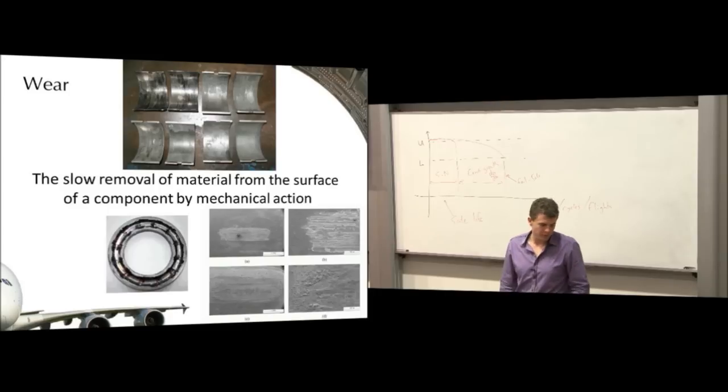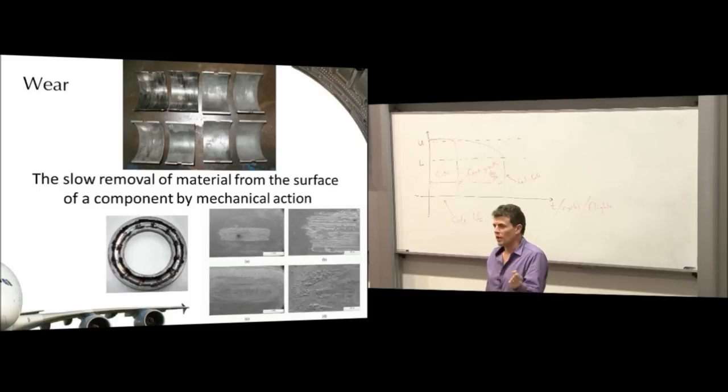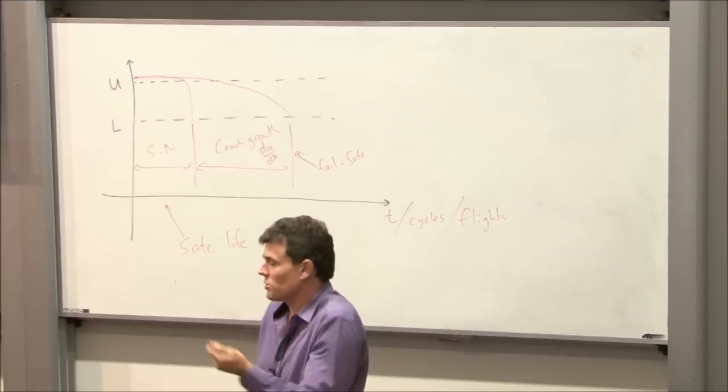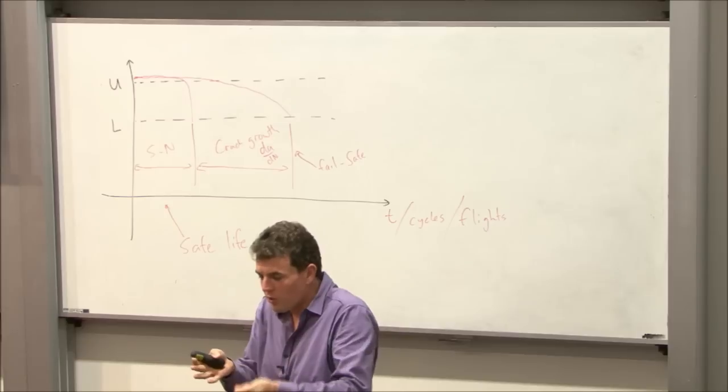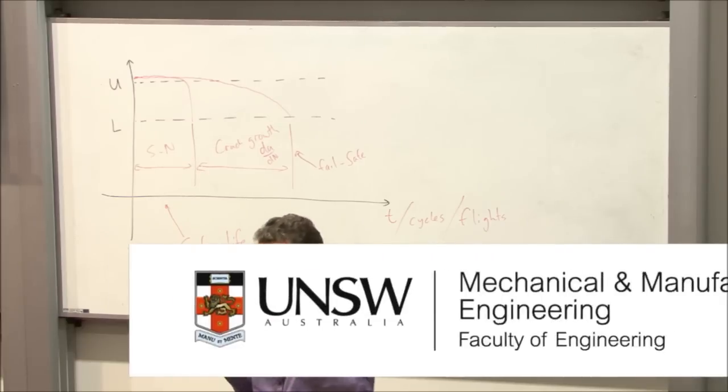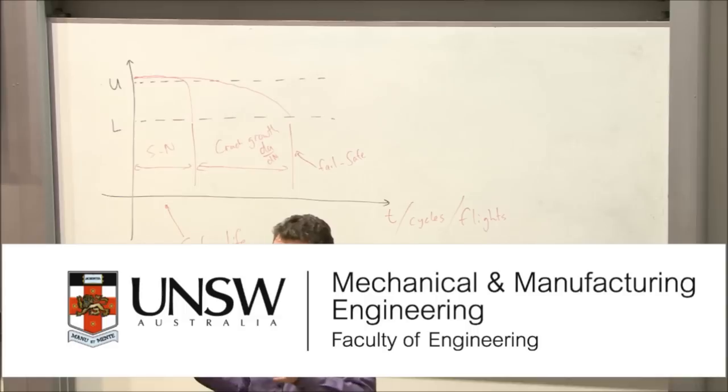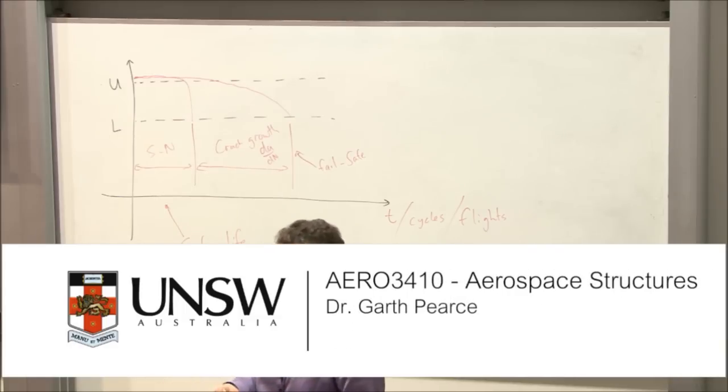So you all would have experienced wear if you've looked inside an old set of bearings, or as a kid you probably scratched sticks on the ground to make sharp points. It's wear. If you rub one thing against another thing and material disappears, you've worn something out. So everyone sort of has an intuitive understanding of what it is.